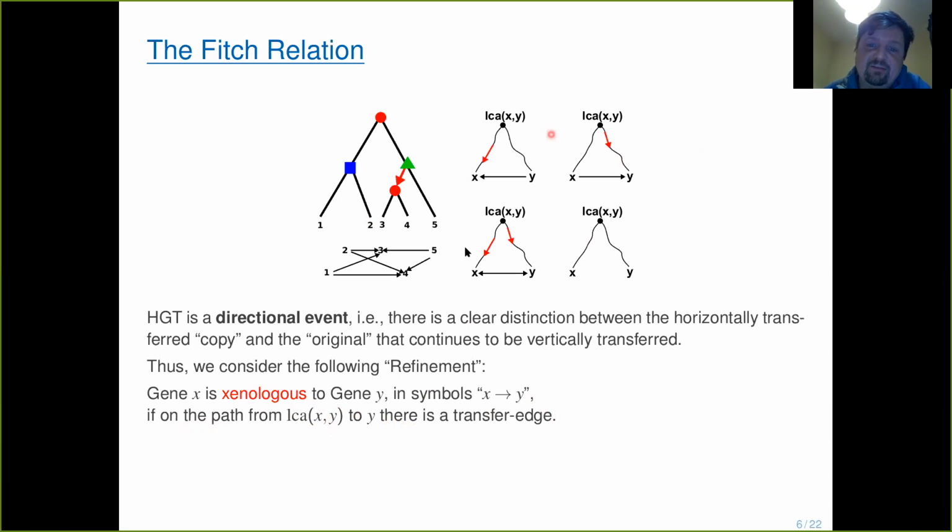You can see here the different types of examples that may occur. We look at two genes, and we look at their last common ancestor.